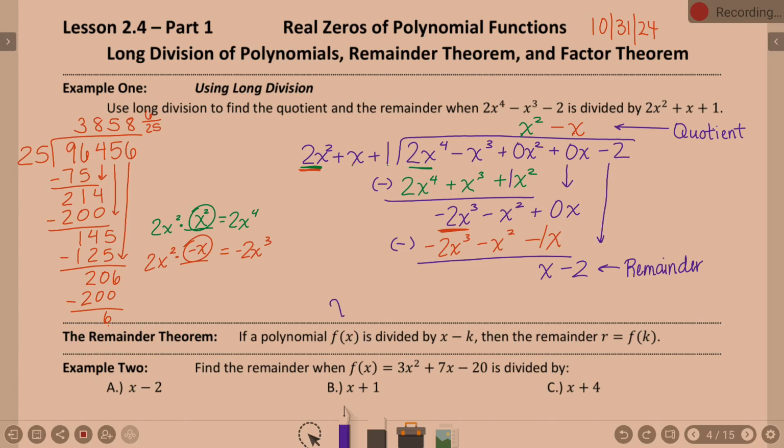We have x squared minus x plus x minus 2 over remainder of x minus 2 over the original divisor, so over the 2x squared plus x plus 1. That would be your full answer there.